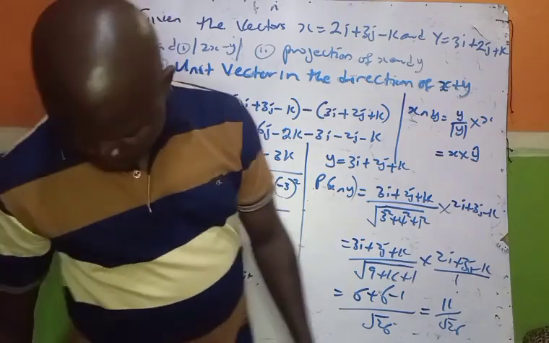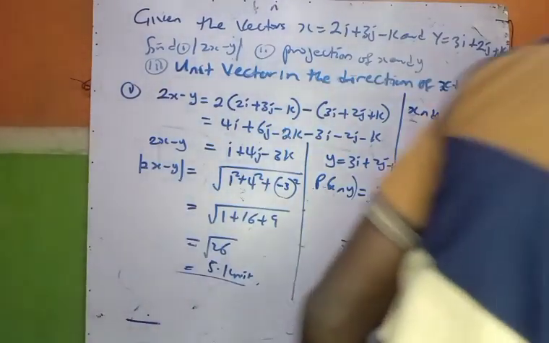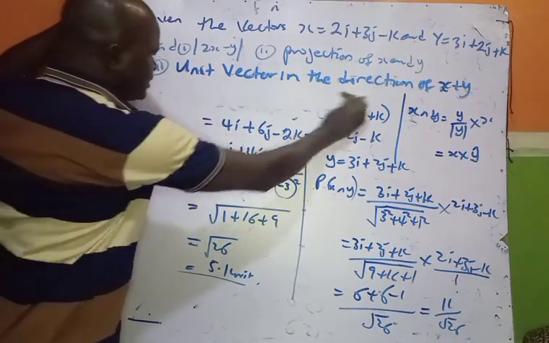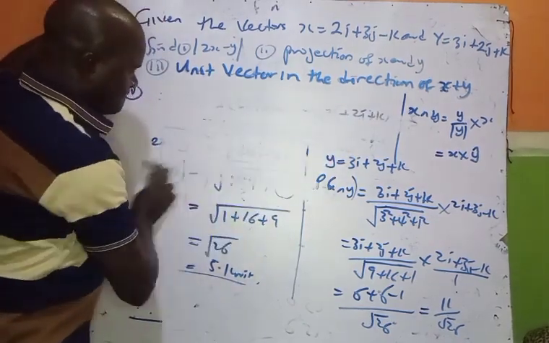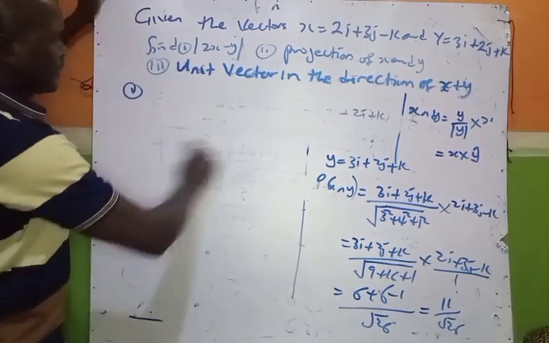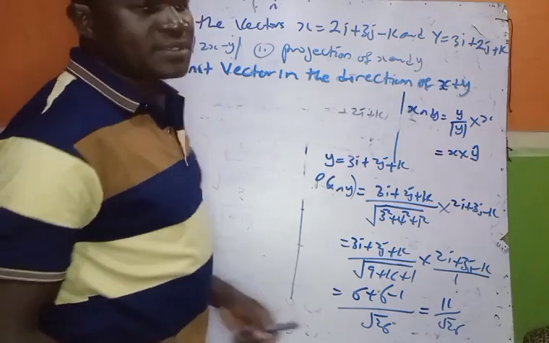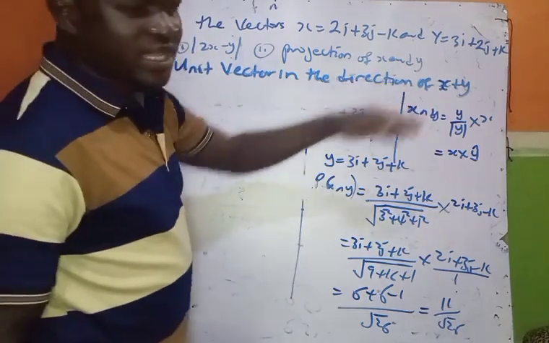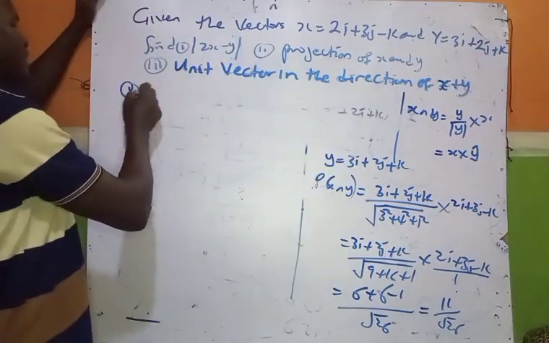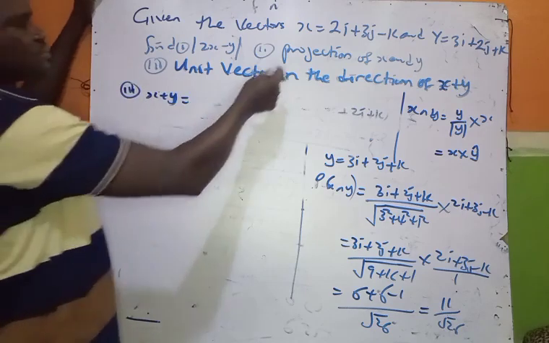Alright. And the last one, you have to find the unit vector in the direction of this. So what you are going to do here is you simply add the two together. So x plus y equals what?